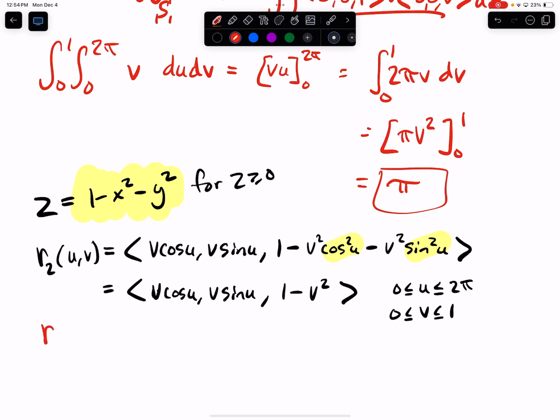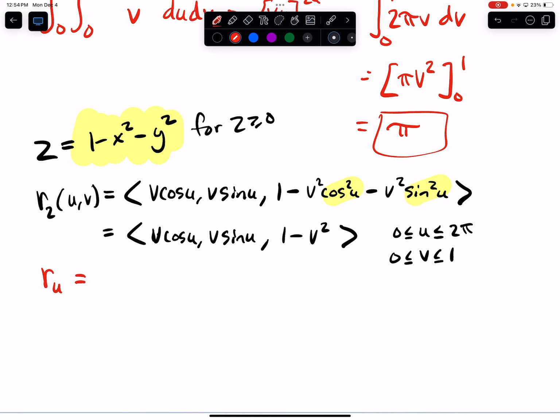So I need to calculate RU and RV again. So more practice on calculating RU and RV. So RU is what? Negative v sine u, and then v cosine u, and 0.